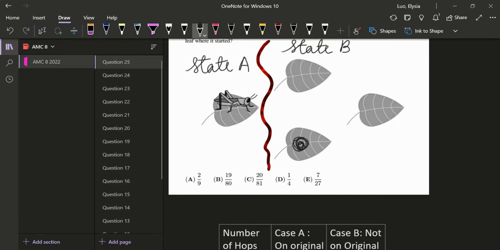It has to be in state B in order for it to hop onto state A. Now, this is because you can't hop on to the leaf that you were originally on. As in, like, if I was on this leaf, I can't just hop up and land on this leaf again. I have to be in this section in order to hop onto that section.